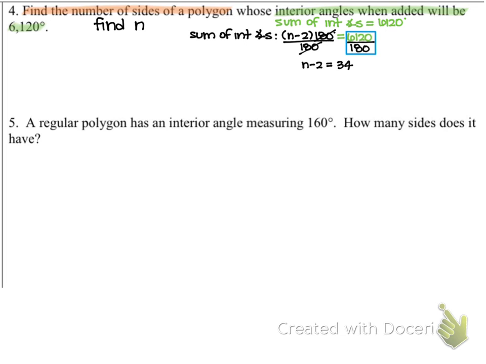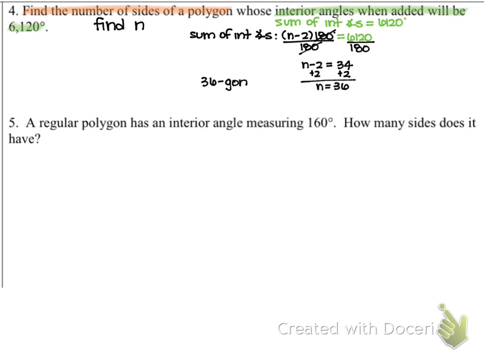You can't have part of a side, and it sure better not be negative, because that also doesn't make any sense. So we did divide, worked out evenly. Let's go ahead and add our 2 to the other side. So basically, what we have here is a 36-gon. There we go. That is the polygon that is going to give us an interior sum of 6,120 degrees.